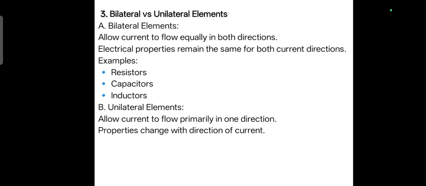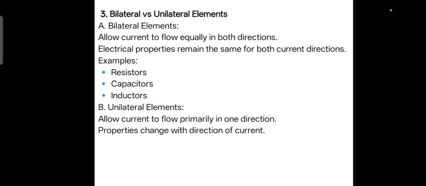It means the magnitude of current passing through this type of element is affected by a change in the polarity of the applied voltage.